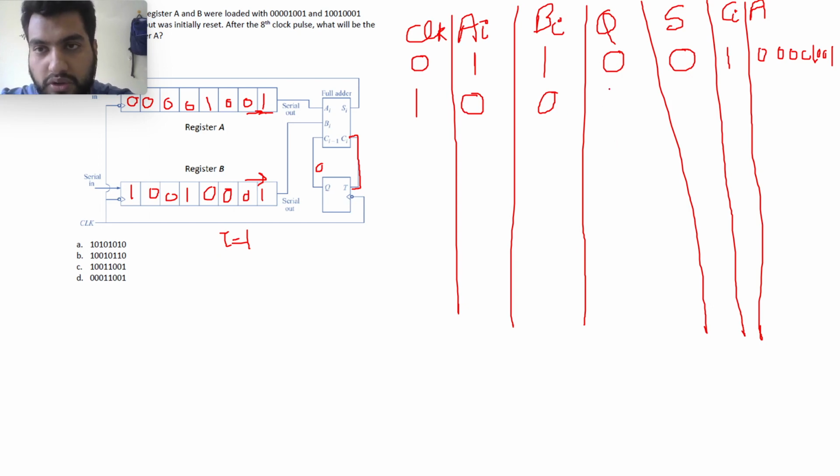So Q was 0, so Q will become 1, and my sum will be 0 plus 0 plus Ci minus 1, which was 1. So my sum will be equal to 1, and my Ci will be equal to 0, and my contents of the register will be 0 0 0 0 0 1 0 0. This 1 was shifted, and this 0 was updated.